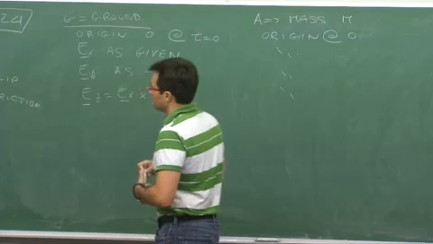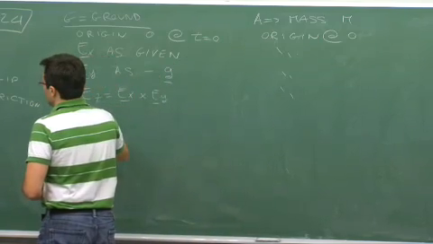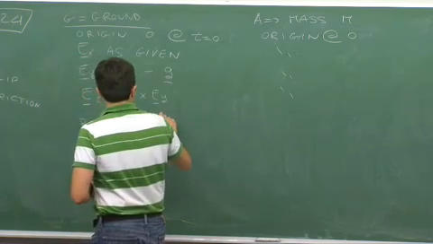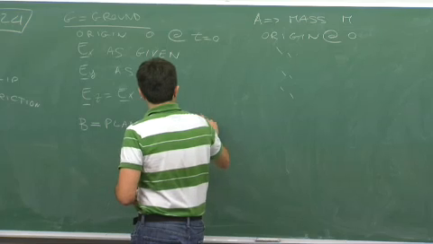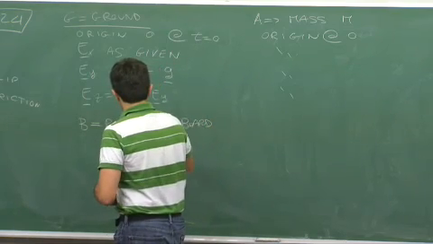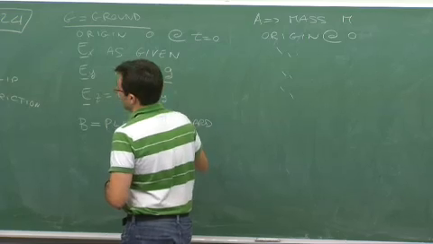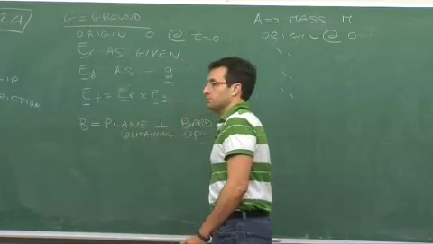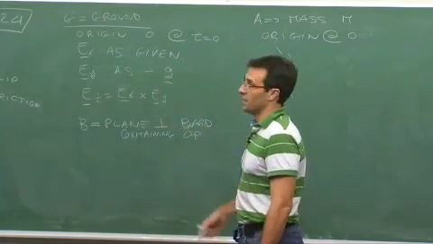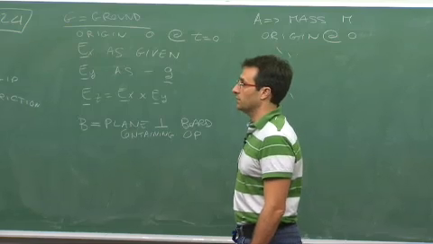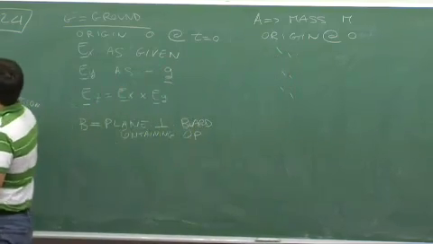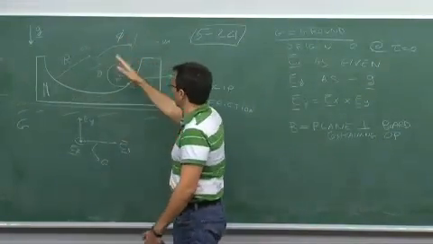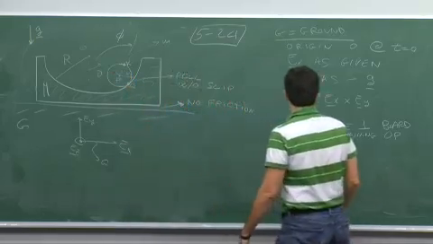Okay, and then let's call B the plane perpendicular to the board containing OP. Yeah, that will be the next. So I said, since I see initially two rotations here, I'm going to associate a reference frame to each rotation, right? So the next one will actually be the second mass.